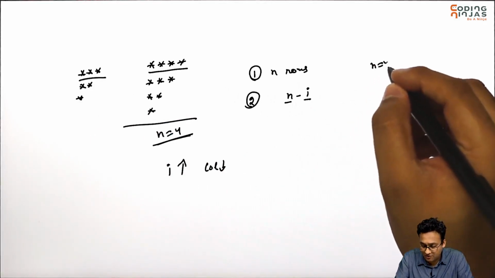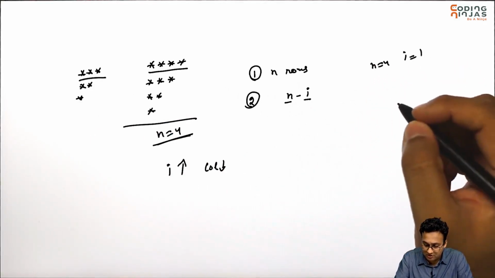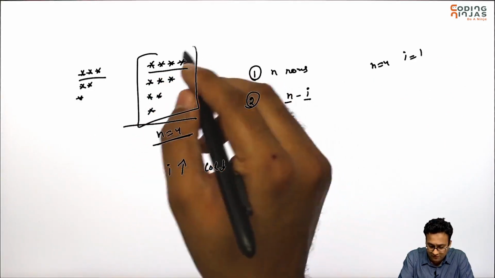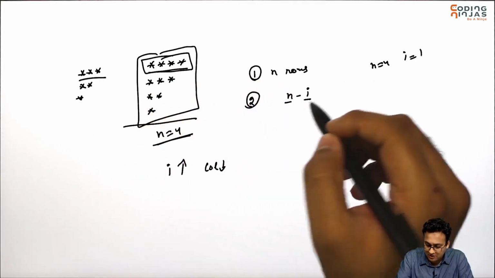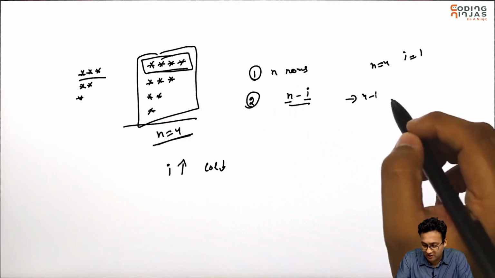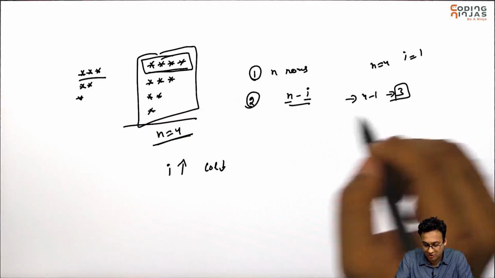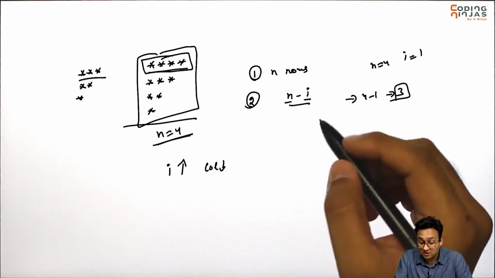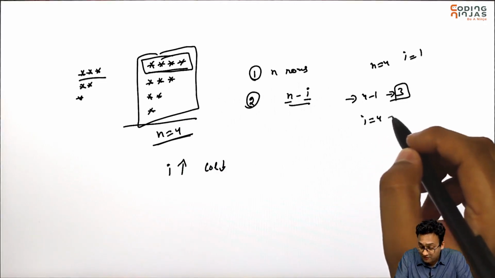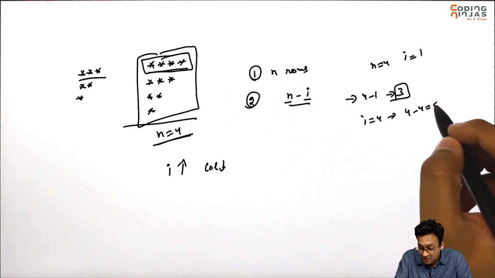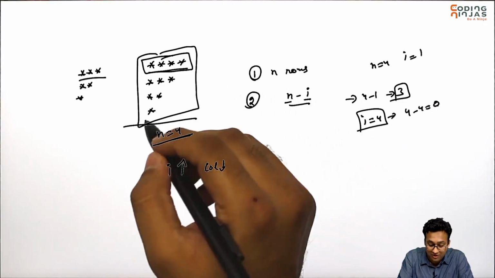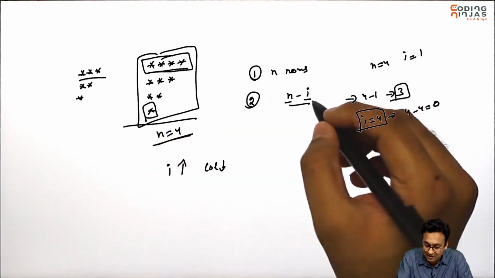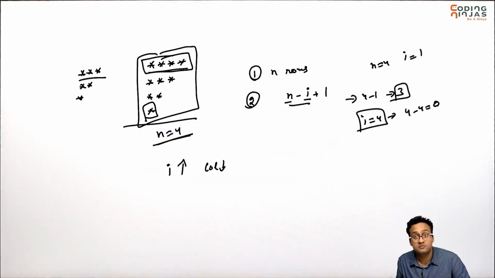So let's say n is 4, I is 1. So for n equals 4, in the first row, this formula will give you 4 minus 1, 3 stars, but you have 4 stars. I equals 4 will give you 4 minus 4, 0 stars, but for the fourth row, you have 1 star.